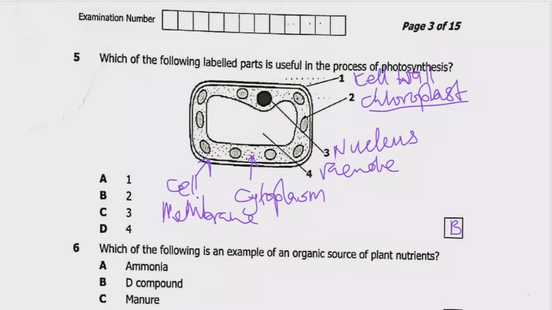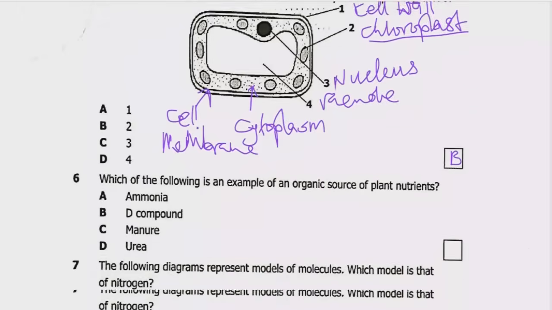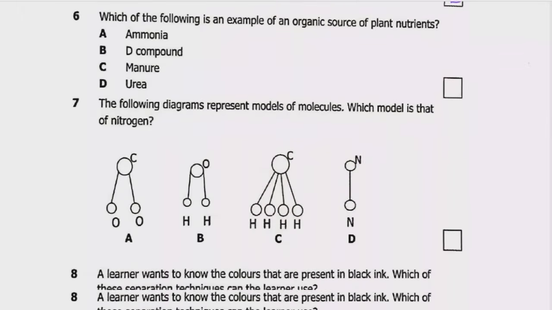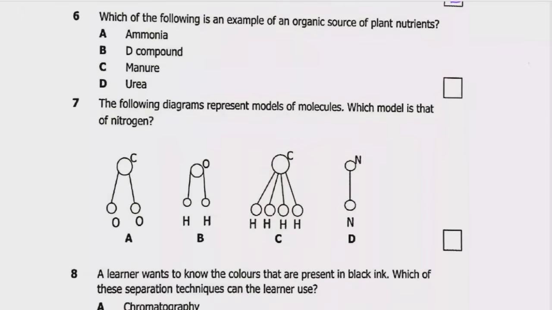Okay, let's come to question 6, which is as follows. Which of the following is an example of an organic source of plant nutrients? Okay, so what we need to understand is this.